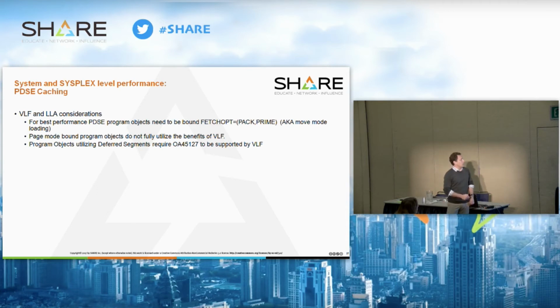Now, I want to say about 2 years ago, when COBOL 5 first went out, COBOL 5 supports what's called deferred segments. And at the time, it was not a feature of VLF to support program objects with deferred segments. That feature was added in APAR OA45127.